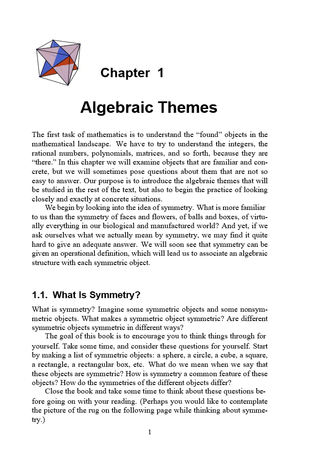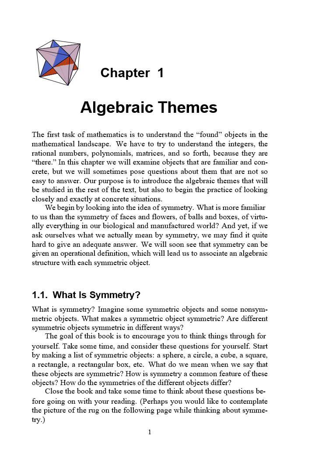In this chapter, we'll examine objects that are familiar and concrete, but we'll sometimes pose questions about them that are not so easy to answer. Our purpose is to introduce the algebraic themes that will be studied in the rest of the text, but also to begin the practice of looking closely and exactly at concrete situations. We begin by looking into the idea of symmetry.